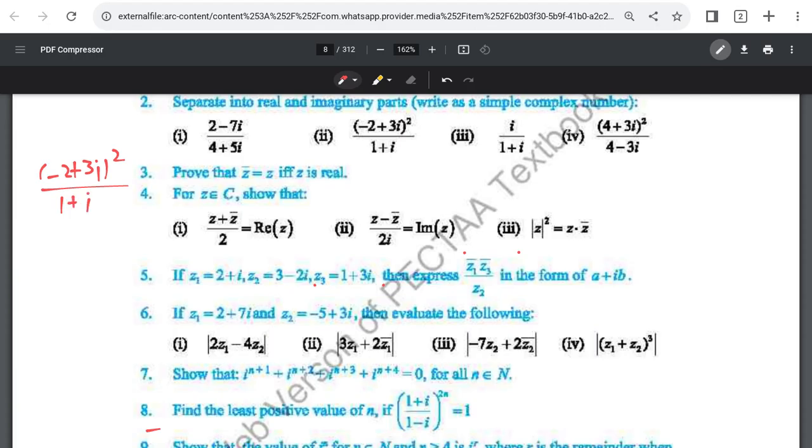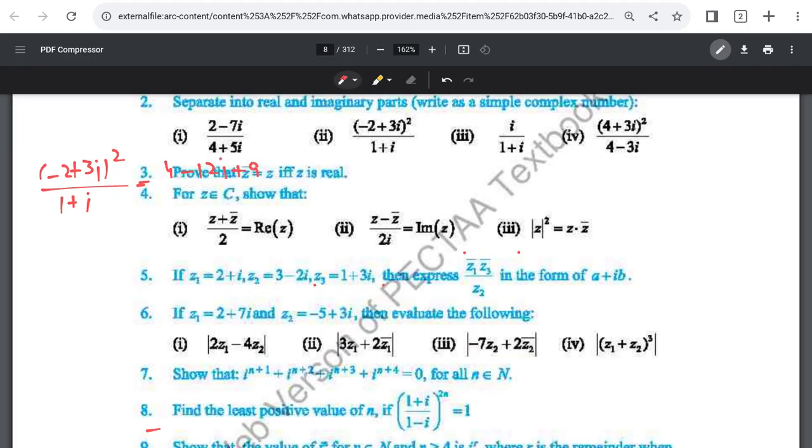First of all, we expand the numerator. So here, if we expand the numerator, we have 4 minus 12 iota plus 9 iota square.